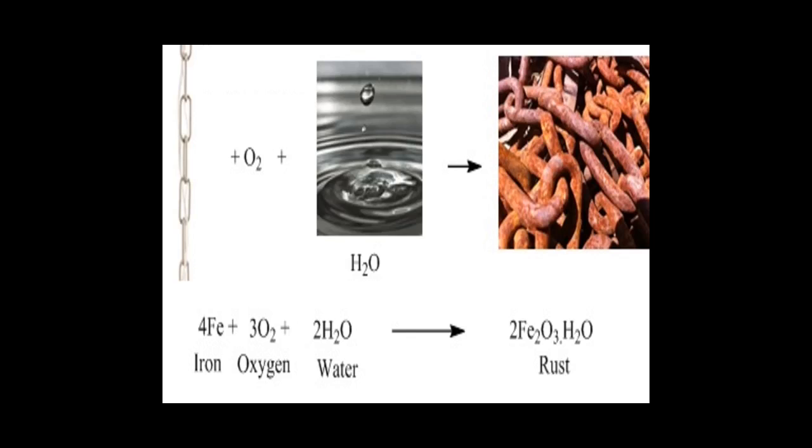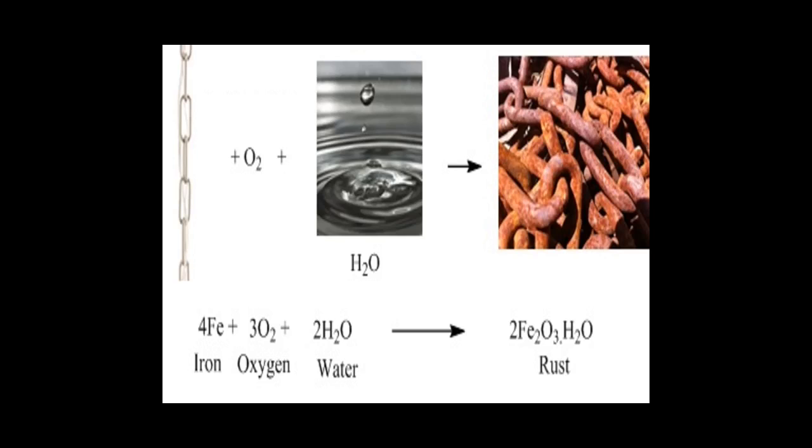Formation of rust is another example of chemical change. When iron comes in contact with the immediate environment, it reacts with oxygen and water present in the moisture, and forms oxides of iron, which is a brown colored precipitate deposited over the object. This is also known as rust.